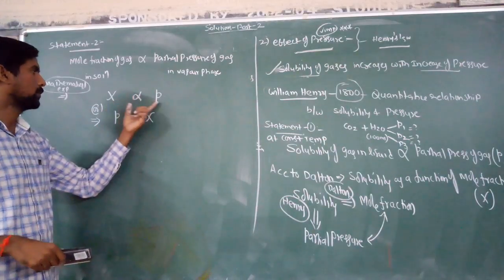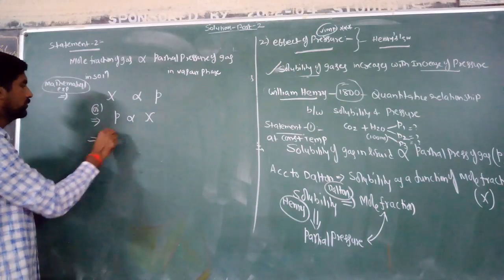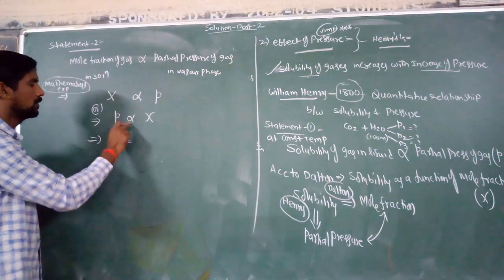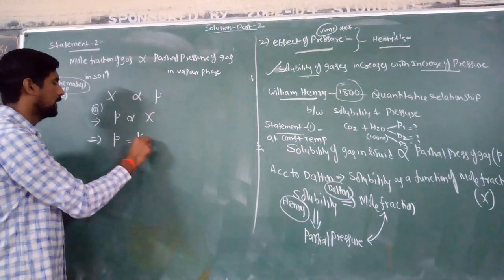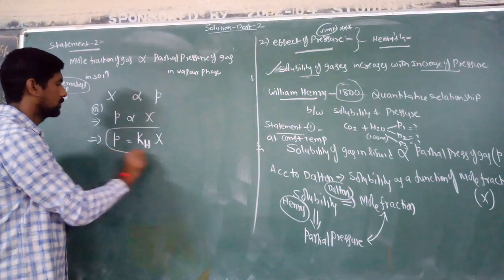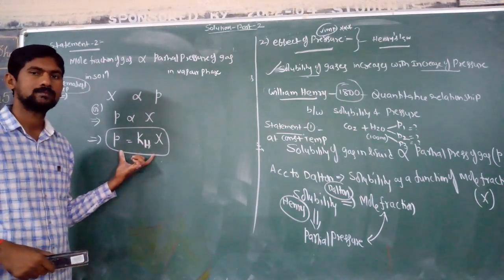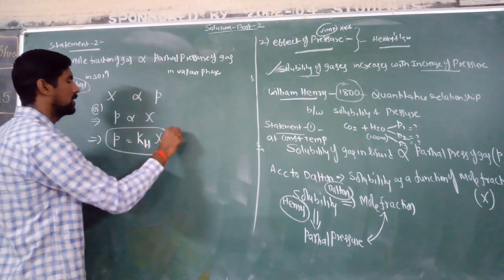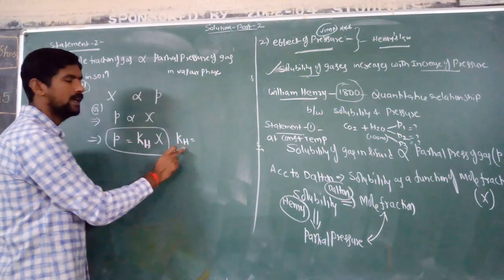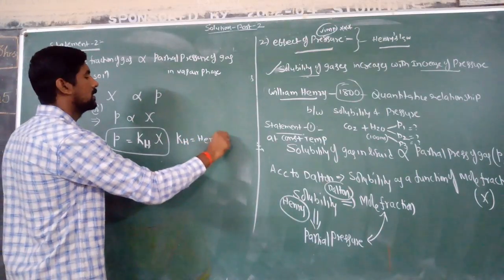If we remove the proportionality, we can introduce a constant that is called Kh. So this is the mathematical expression of Henry's law. What is Kh? Proportionality constant. It is called Henry's law constant.